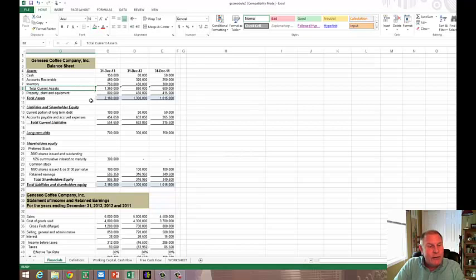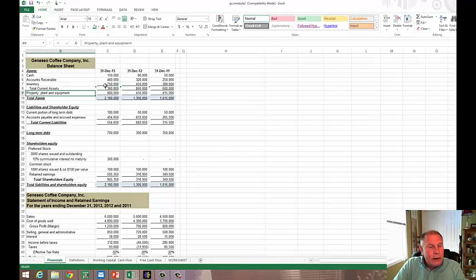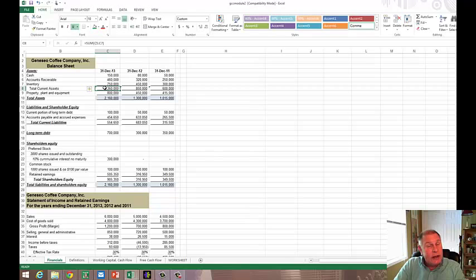So what we can observe from this is that from December 11 to December 13th, they have increased their current assets. And if we look at the components, we can see that cash is up, accounts receivable are up, inventory is up. Okay? So these are assets that are used in the working capital cycle.